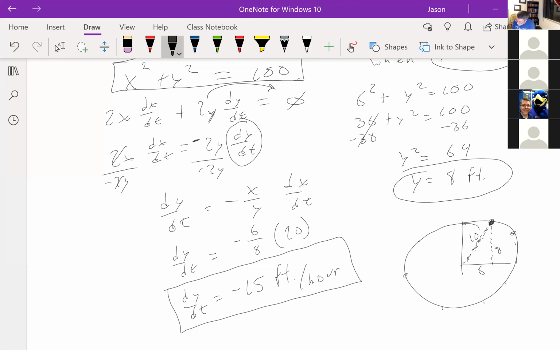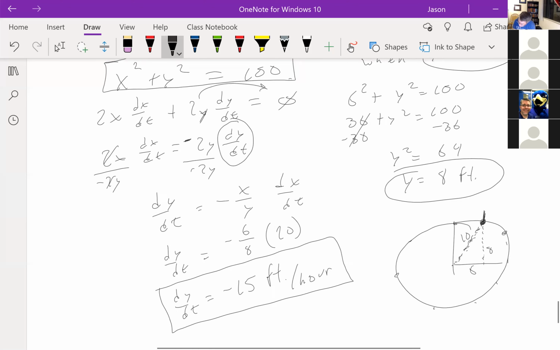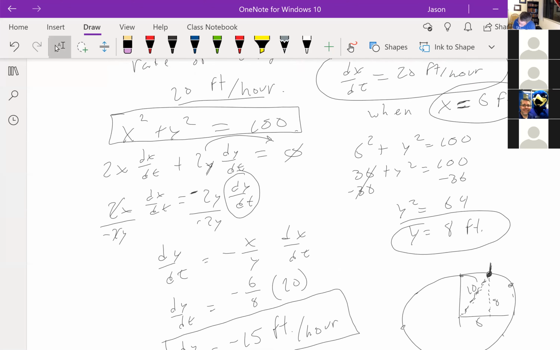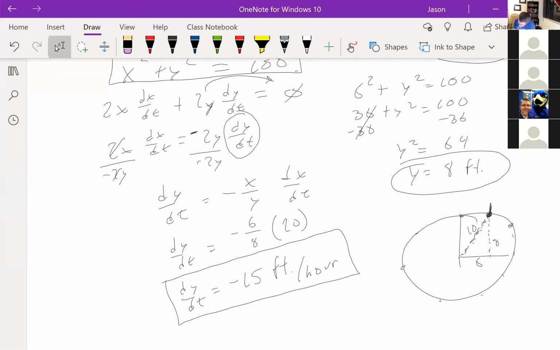How fast is the x growing? The x is growing at 20 feet per hour. And how fast would the y be growing? Well, the y would be shrinking.